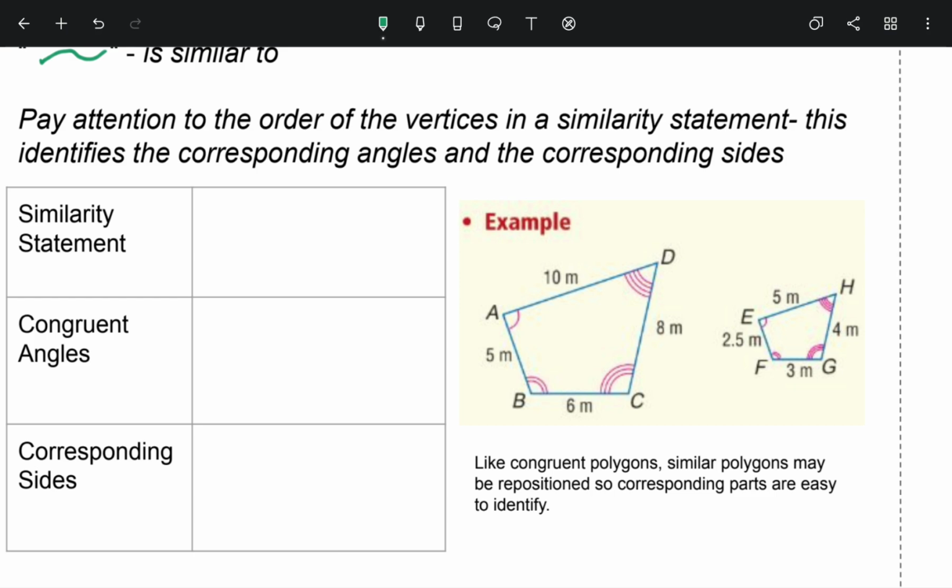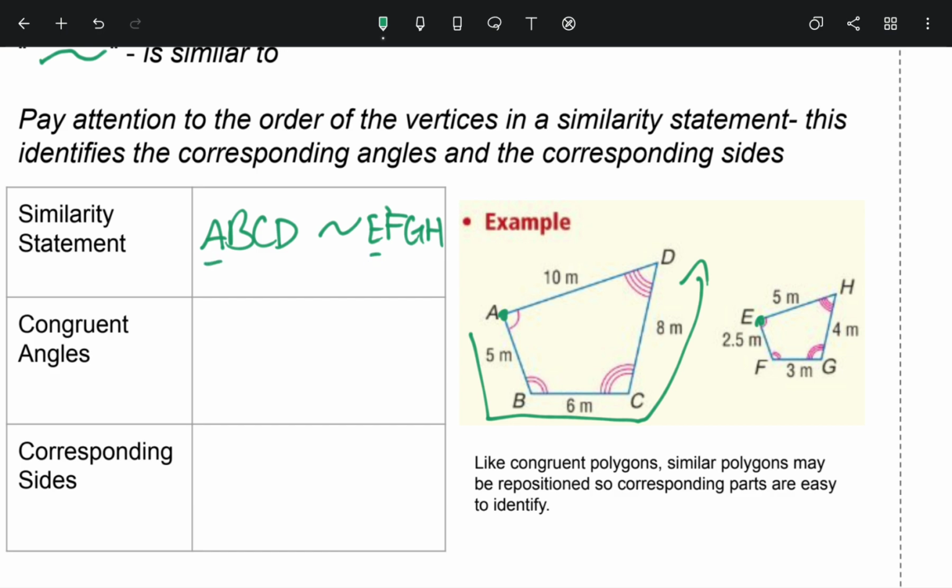Over here we have two similar figures, and as we can see, they're in the same orientation. So A and E are the corresponding angles. And then we can go like this, counterclockwise. So figure ABCD is similar to figure EFGH. And this helps us figure out our congruent angles.